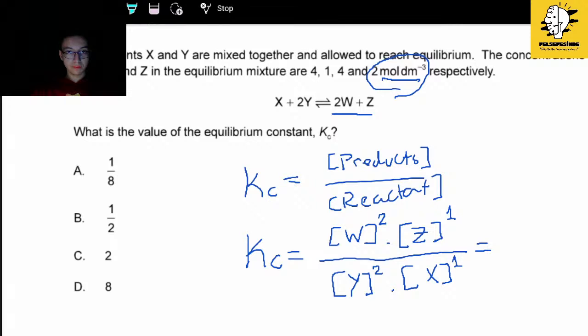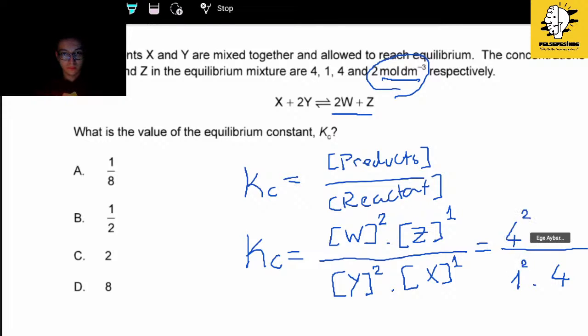For X, it is 4. Okay, let's write 4 here. For Y, it is 1 to the power of 2, so it is already 1. For W, it is 4, but we have to write it to the power of 2.